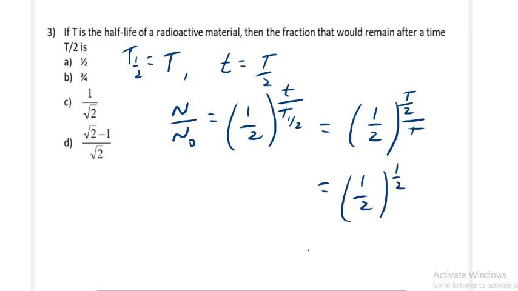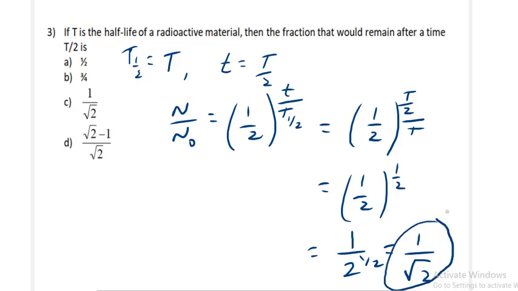So 1 upon 2 raised to half is actually 1 by root 2. So this much amount remains after time T by 2. So C is the answer. What we wanted to find was n by n0, which is equal to 1 upon root 2.